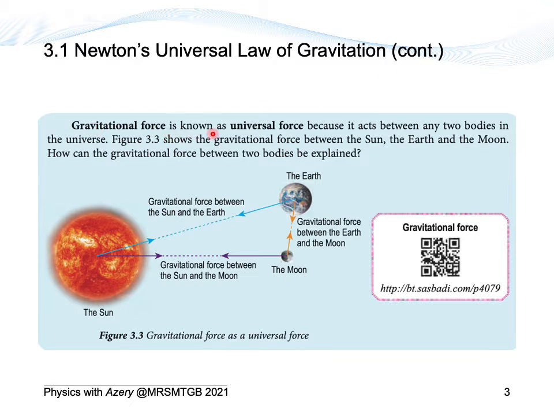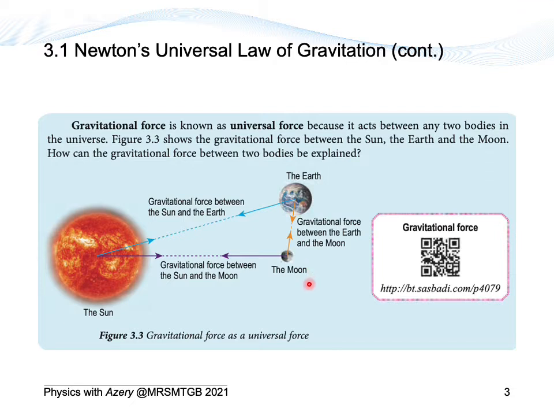Gravitational force is known as universal force because it acts between any two bodies in the universe. For example, you can see that between the sun and the earth exists gravitational force. Between the earth and the moon also exists gravitational force.